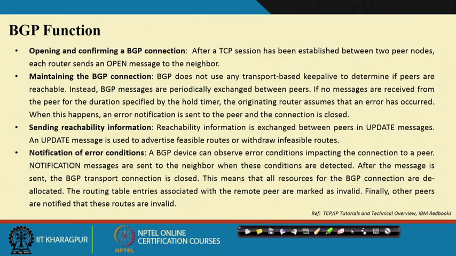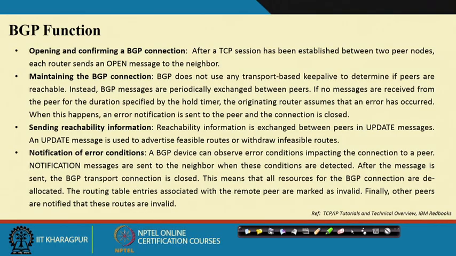Next, notification of error conditions. A BGP device can observe an error condition impacting the connection to a peer. That means it may not be responding or some other error situation arises. So, a notification message is sent to the neighbor when the conditions are detected.